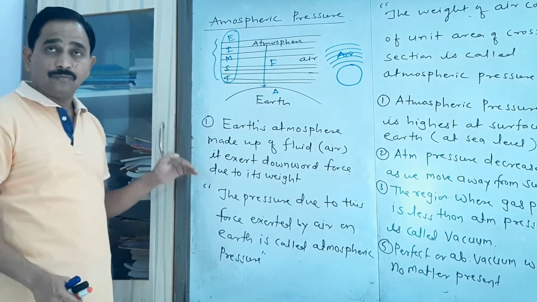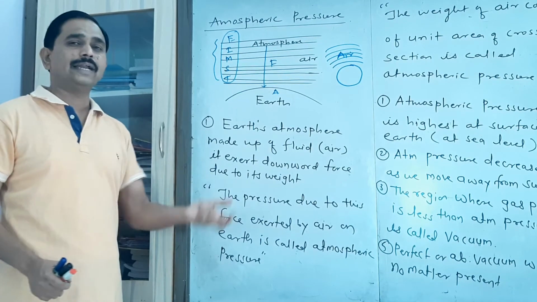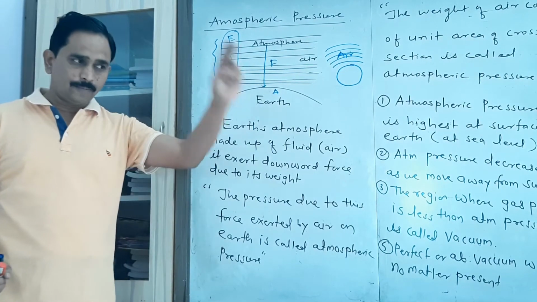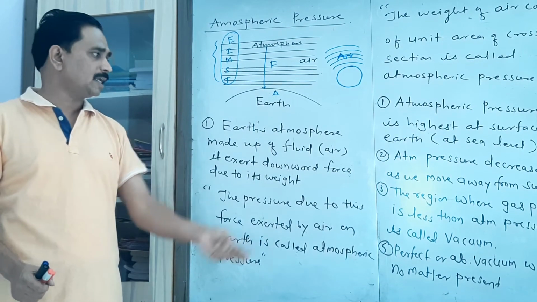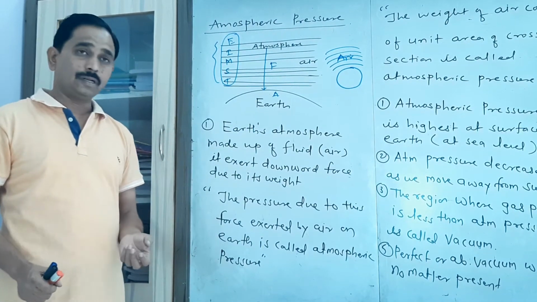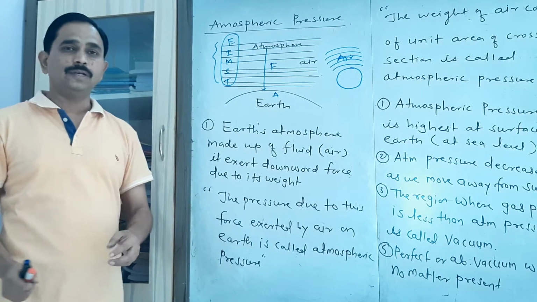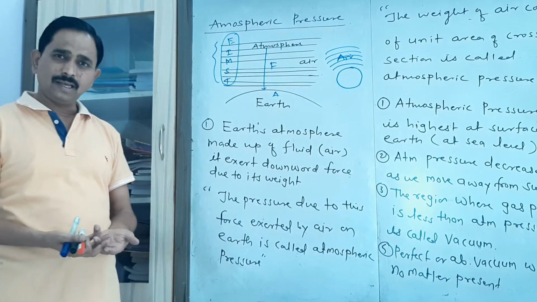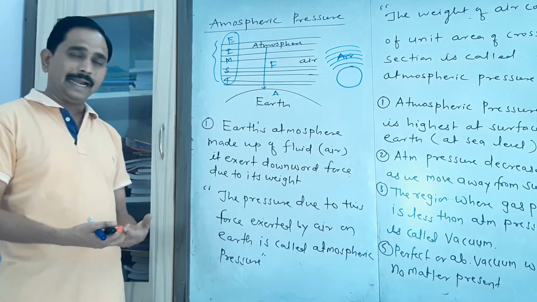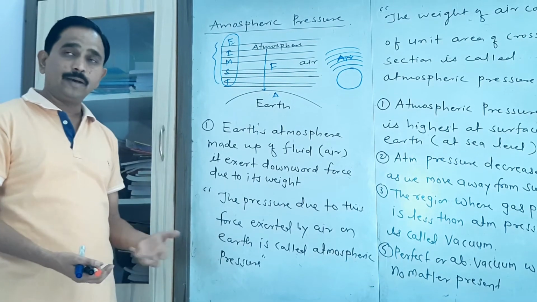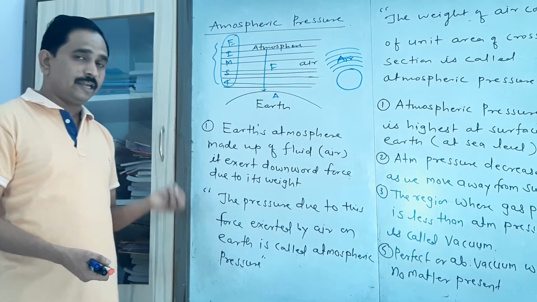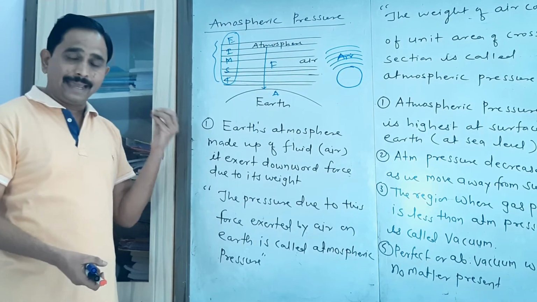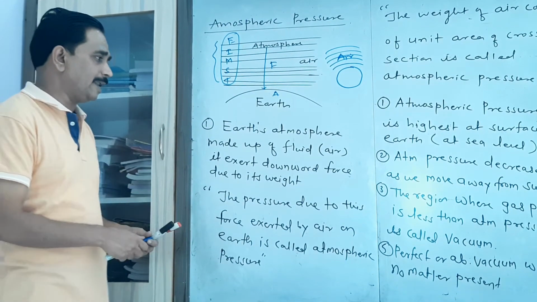So in order to explain what we mean by atmospheric pressure, let us consider these points. The first point you have to keep in mind: what is atmosphere? The envelope of different layers of air or gases present around the earth is the atmosphere. Now this earth's atmosphere is made up of gases or air. So we can say that the earth's atmosphere is made up of fluid, and these different layers of fluid exert force in which direction?